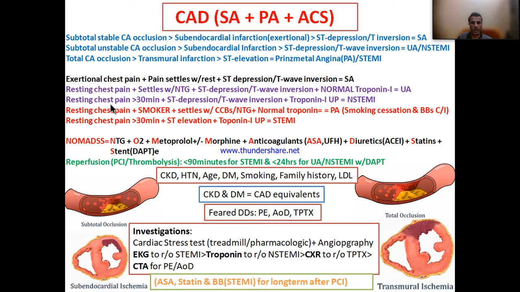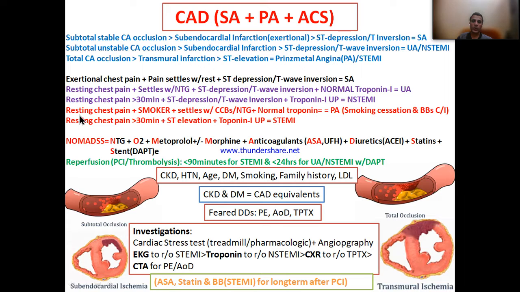If the resting pain persists for more than 30 minutes and troponin level is elevated and there are ST depression and T-wave inversion on EKG, we are dealing with NSTEMI.